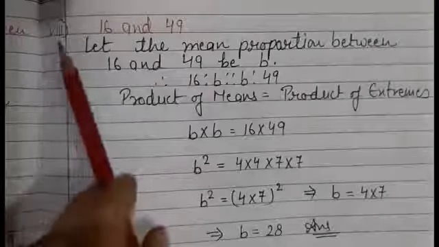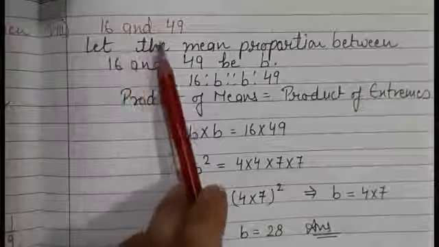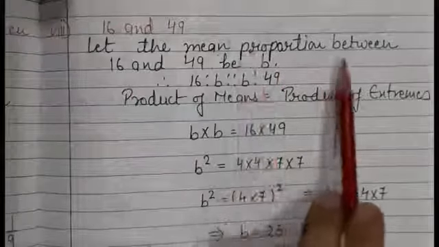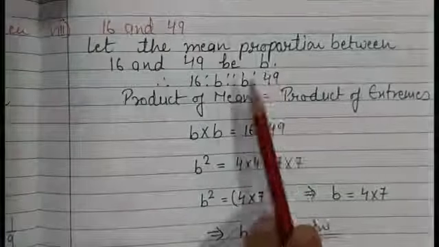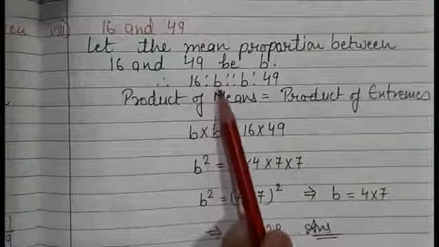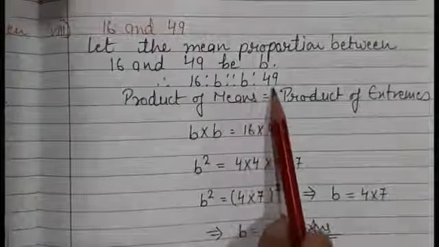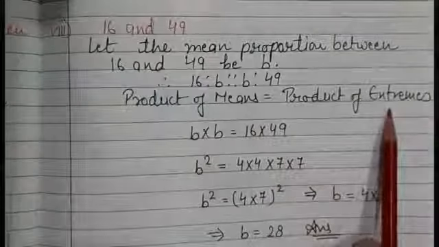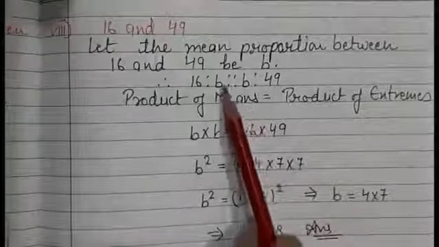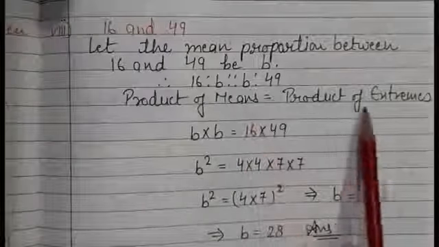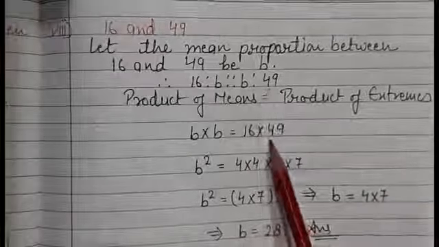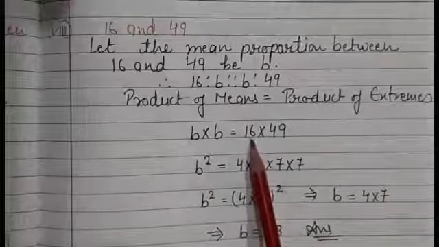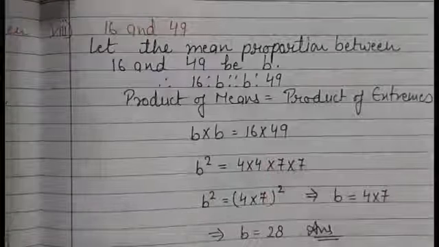Now come to the 8th part. If we have to find the mean proportion between 16 and 49, first let the mean proportion be b. So we can write 16 is to b as b is to 49. Now apply the formula, product of means is equal to product of extremes. Here the product of means b into b is equal to the product of extremes 16 into 49. b into b we can write as b square. 16 we can write as 4 into 4, 4 fours are 16.